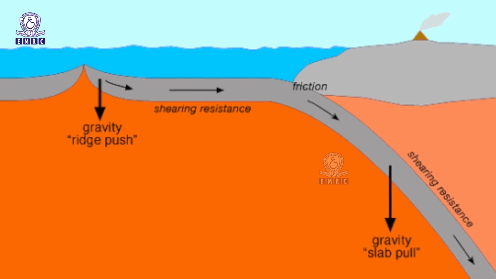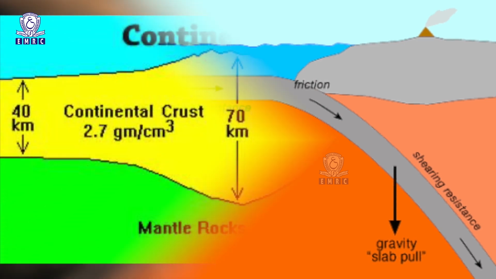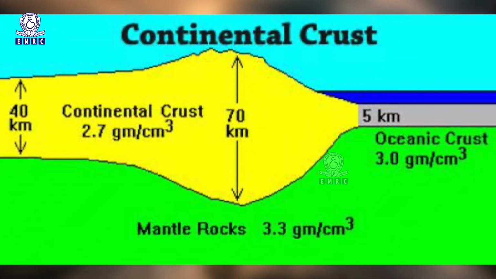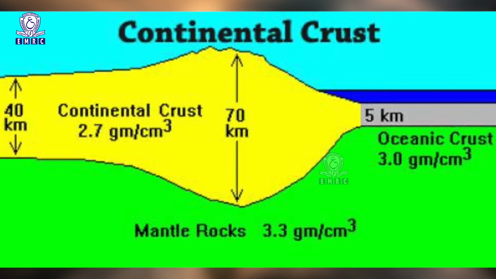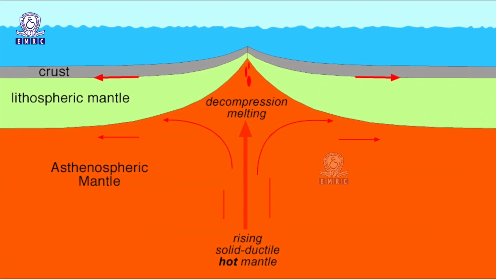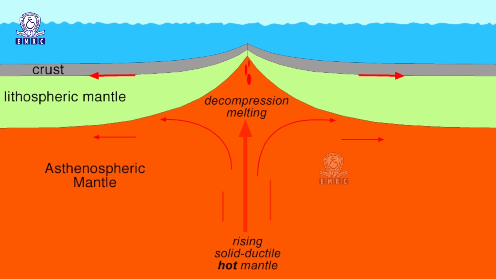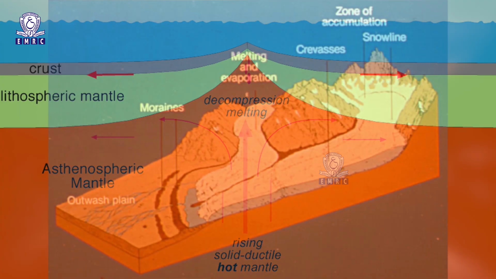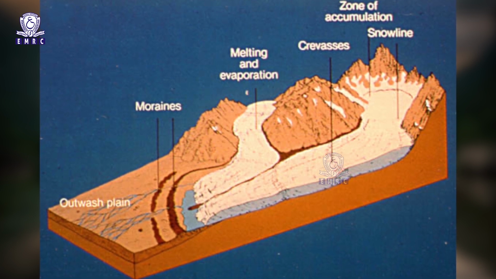Isostasy occurs because the crust is buoyed by the denser mantle beneath it, and each portion of the crust displaces the mantle according to its thickness and density. Denser crustal material sinks deeper into the mantle than less dense material, and thicker crustal material will extend to greater depth.